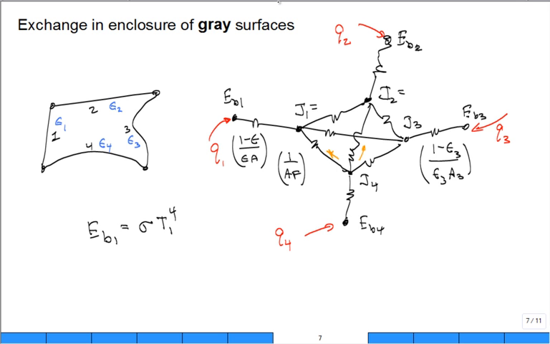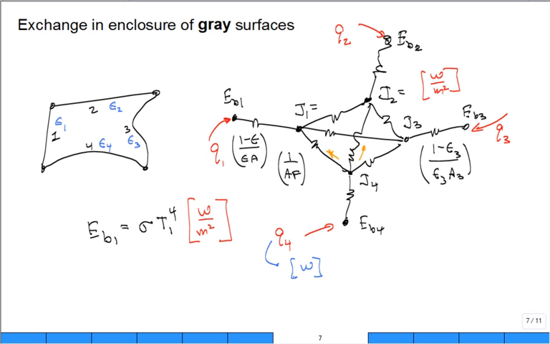Let me ask this question. What are the typical SI units for the EBs? Watts per meter squared. What are the typical SI units for the J's? Watts per meter squared. So it's not watts, but watts per meter squared. What are the typical SI units for these Q's? Watts.